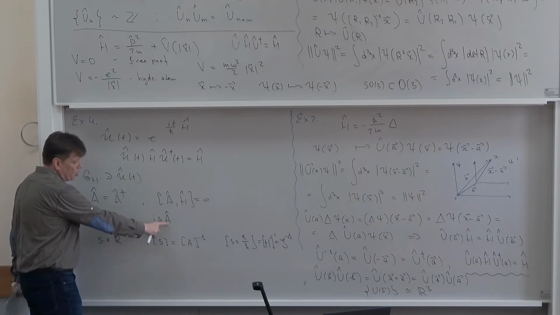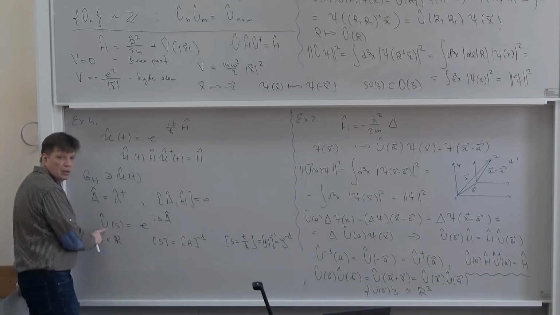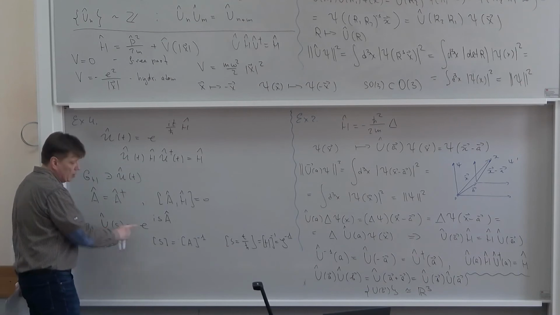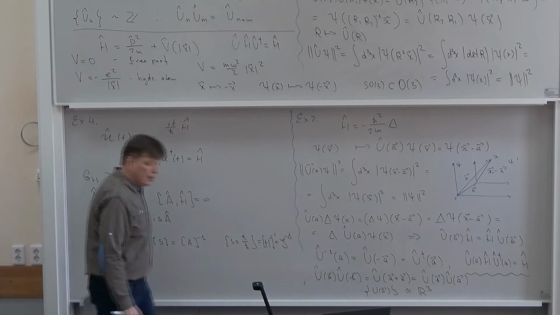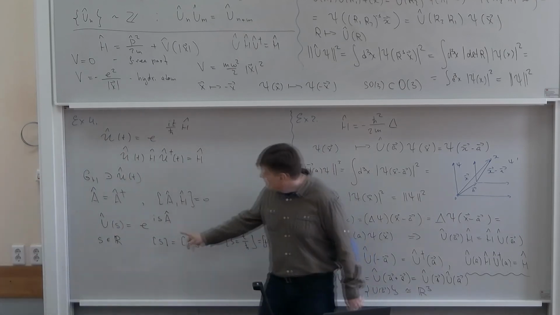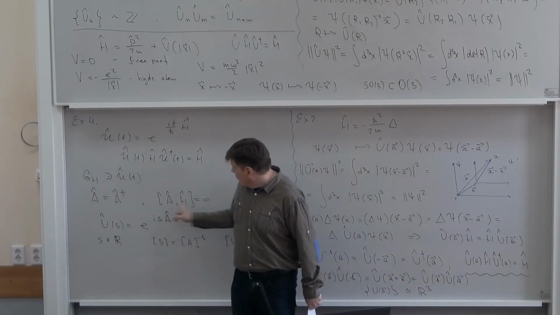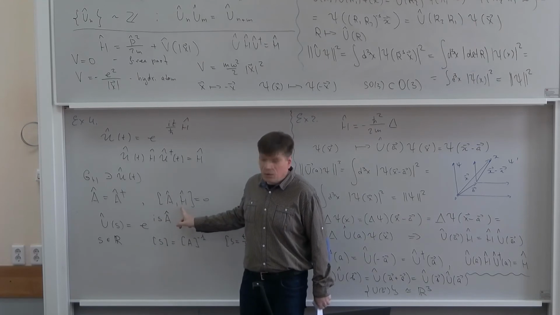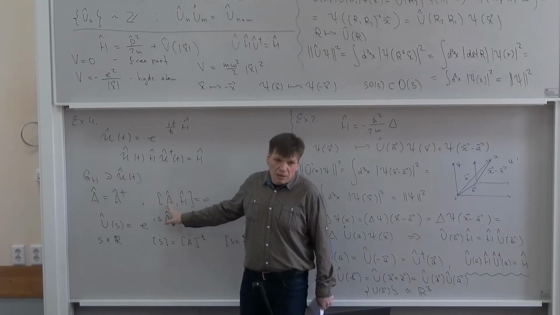For any Hermitian A, U is a unitary operator if s is a real number. And U conserves A. My claim is that U is a symmetry of the Hamiltonian whenever A is an integral of motion.